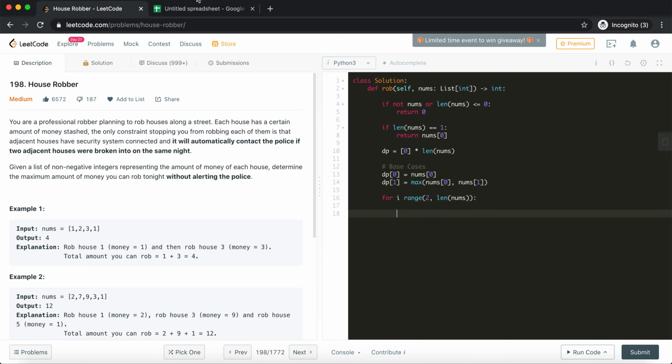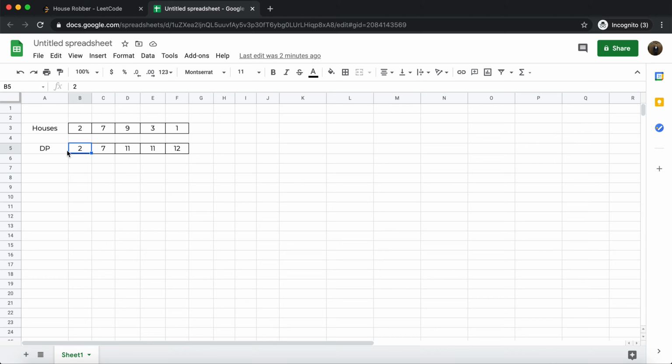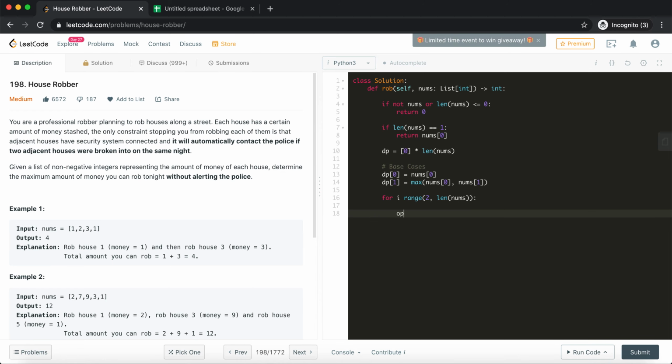As we discussed, we have two options. Say we are at the second index position: either we rob the first house and this one, or we rob the previous house. Option 1 is the profit from the two houses prior to us plus the current house, and option 2 is we rob the previous house.